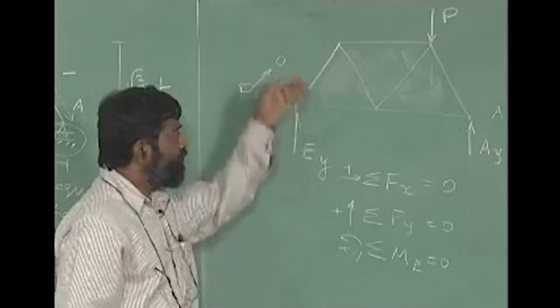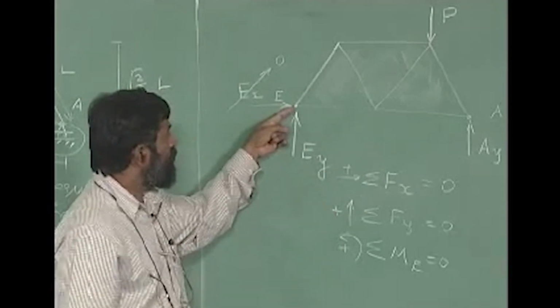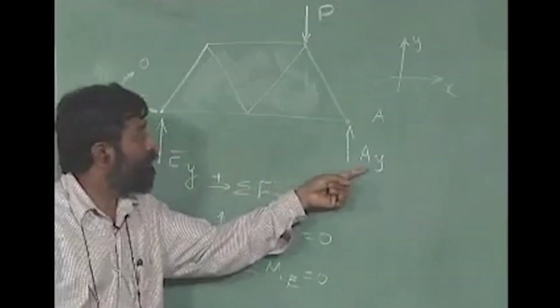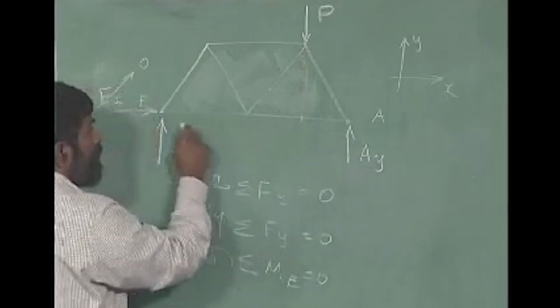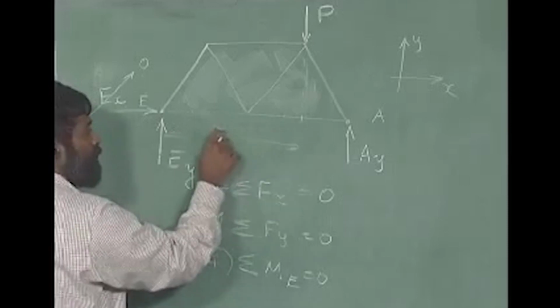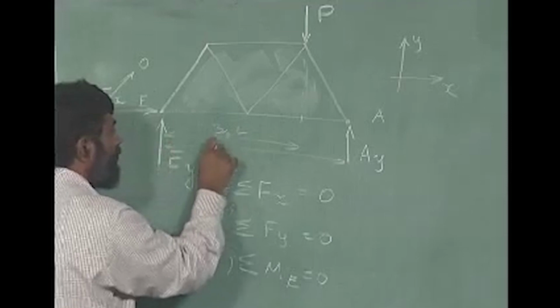Instead of taking vertical equilibrium and moment equilibrium, I will take moment about this particular point, which will involve AY and P. This distance is L plus 1 by 2L, which is 3 by 2L, and this distance is 2L.